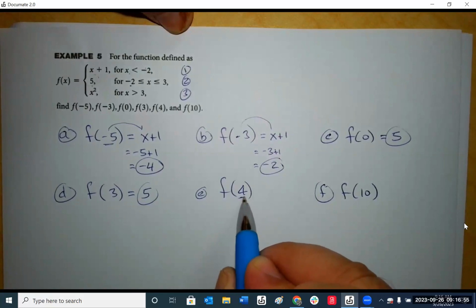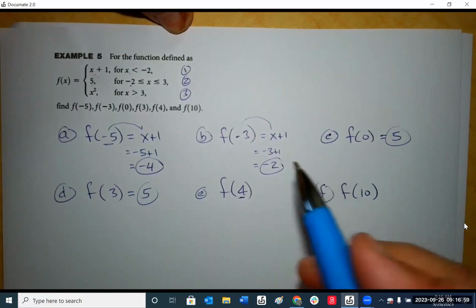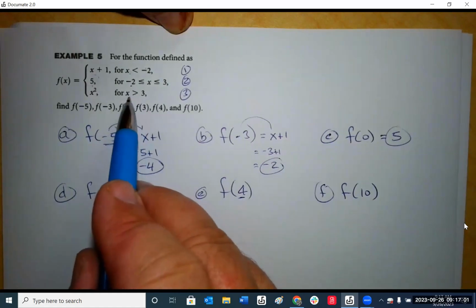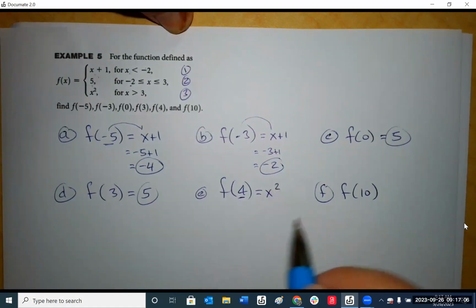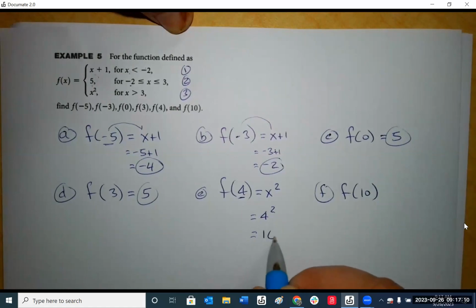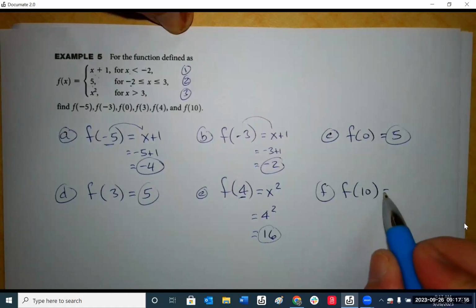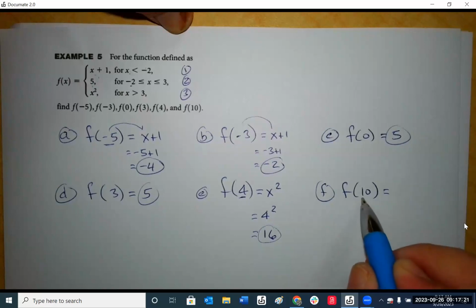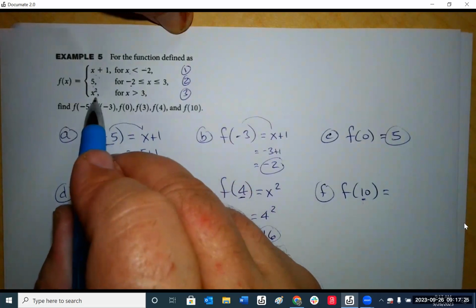When x is 4, x is bigger than 3, so we have to use this one. So it's x squared. So plug in my x. 4 squared is 16. And f of 10, since 10 is bigger than 3, I use this one again.